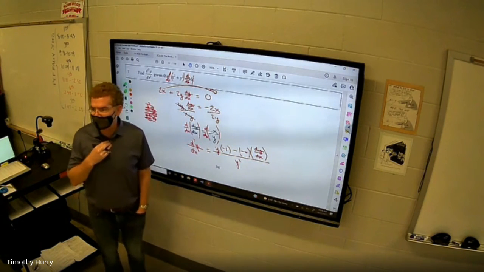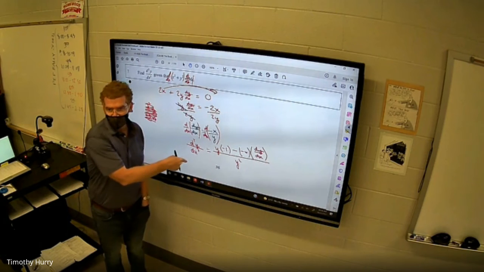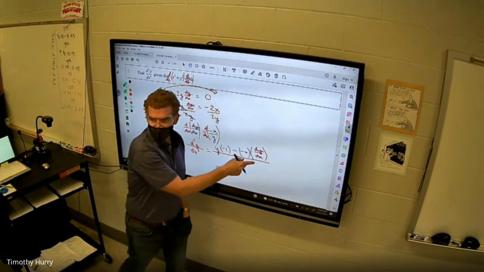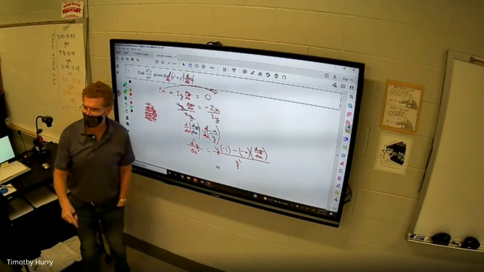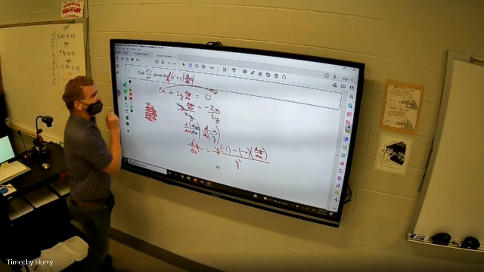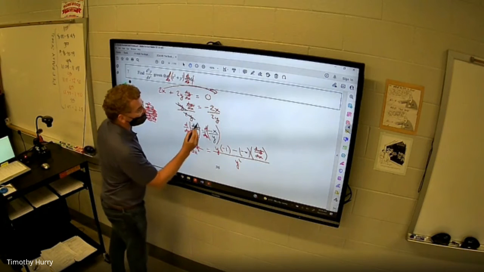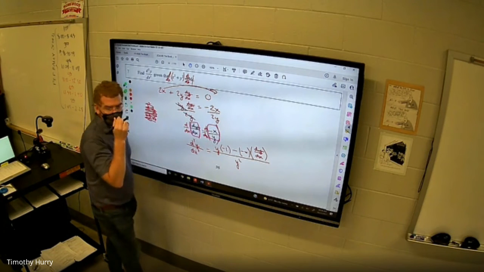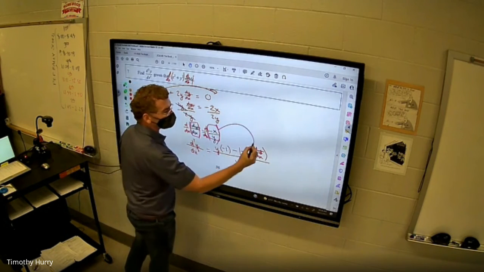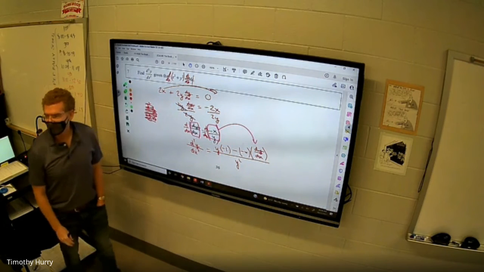I'm not going to say that the rate of change is equal to blah, blah, blah rate of change, because I still don't know what the rate of change is. Oh, but wait, I do know what the rate of change is. In the blue, look back, what is dy/dx? Negative x over y. So I'm going to replace dy/dx with negative x over y.